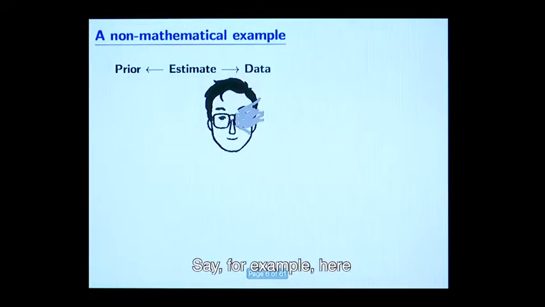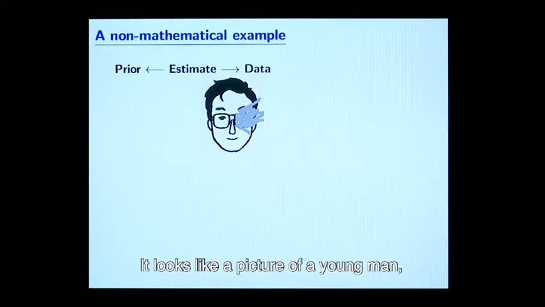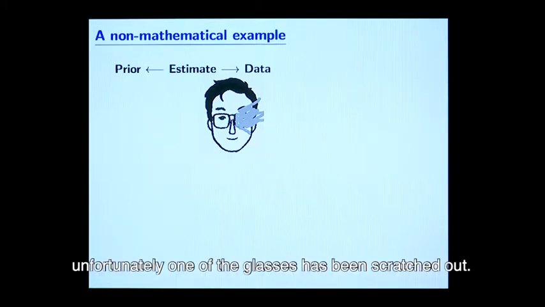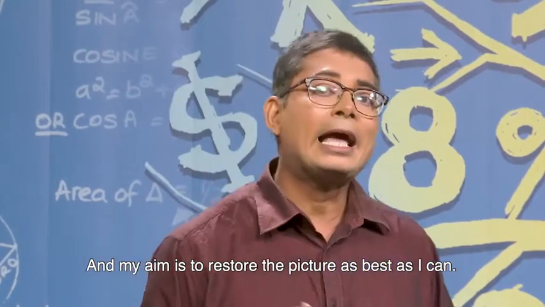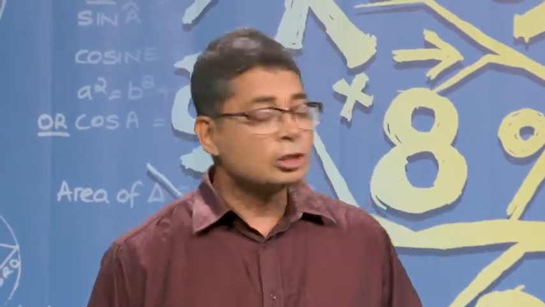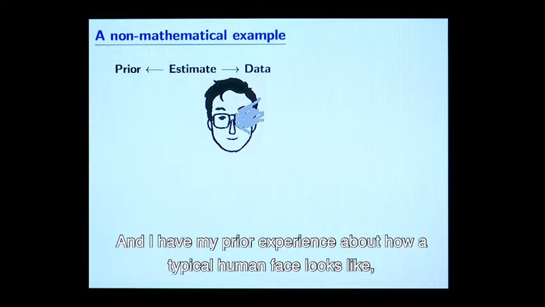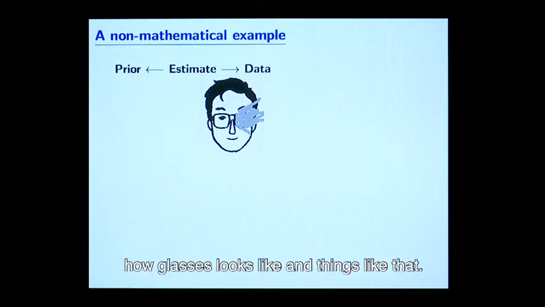Say for example, here I have a picture, a spoiled picture. It looks like the picture of a young man. Unfortunately, one of the glasses has been scratched out, and my aim is to restore the picture as best as I can. So that is my data, and I have my prior experience about how a typical human face looks like, how glasses look like, and things like that.